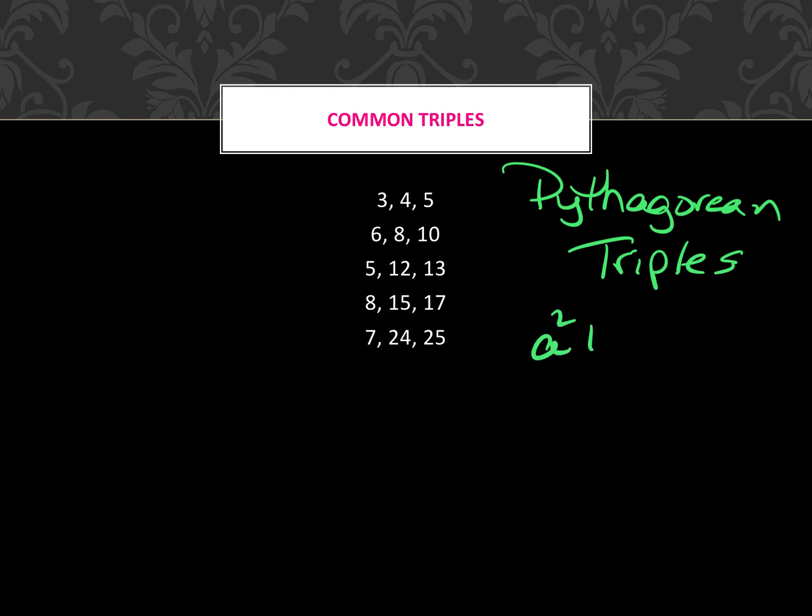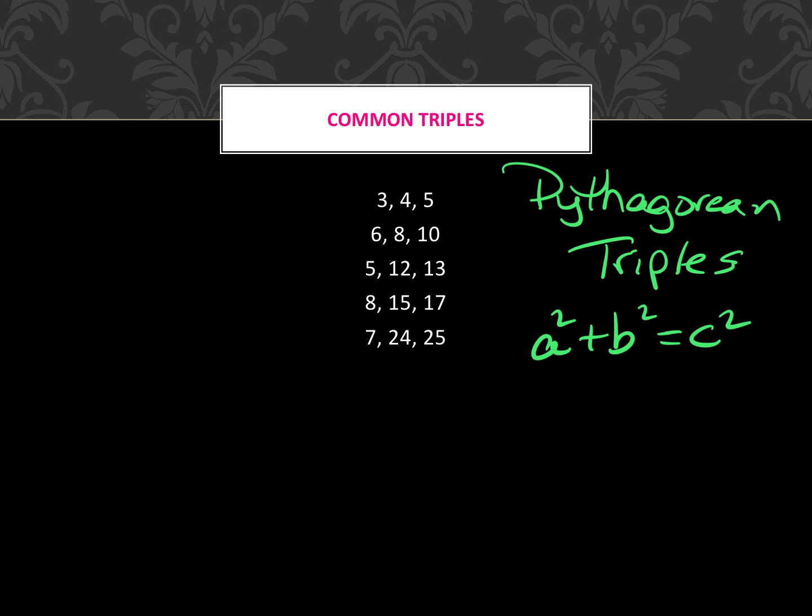So once I plug these 3 numbers in to a squared plus b squared, they will equal the c squared. And when you're given a list of 3 numbers, the biggest number is always the c. And they have to be integers. So a Pythagorean triple cannot be a decimal, and it can't be a square root. So they have to be integers.